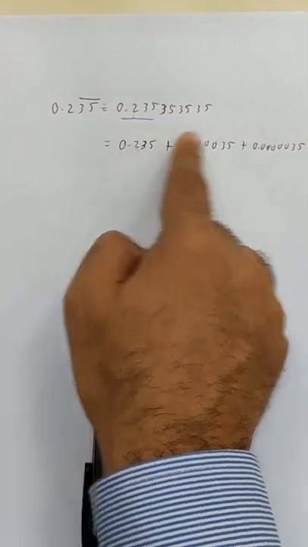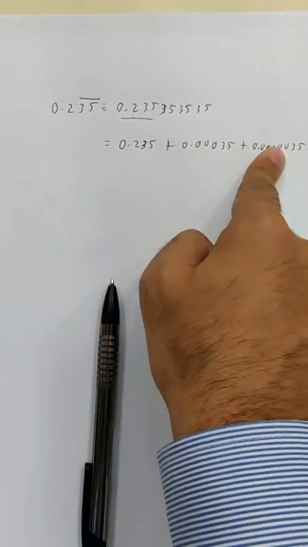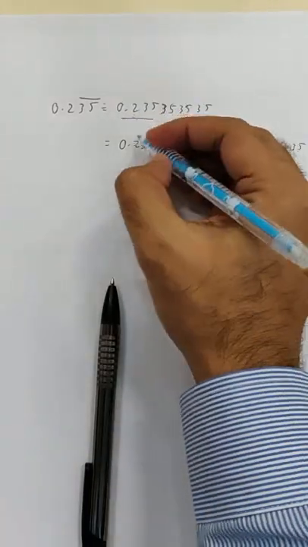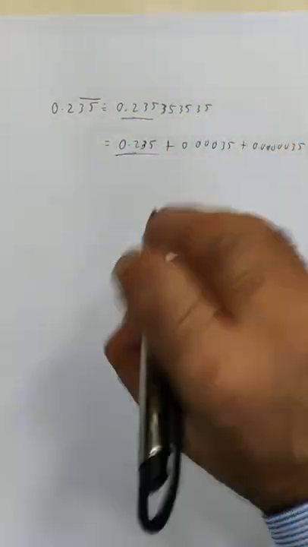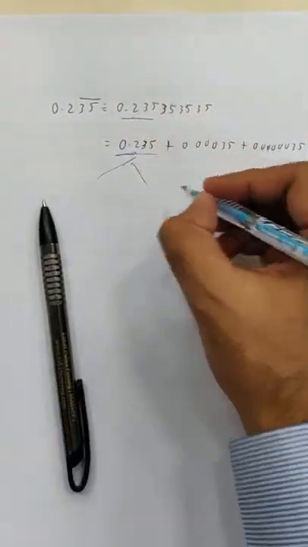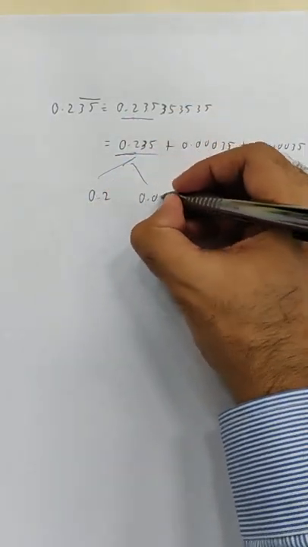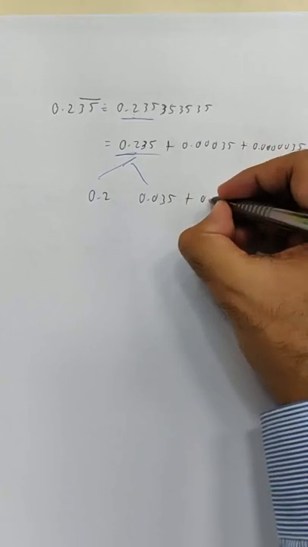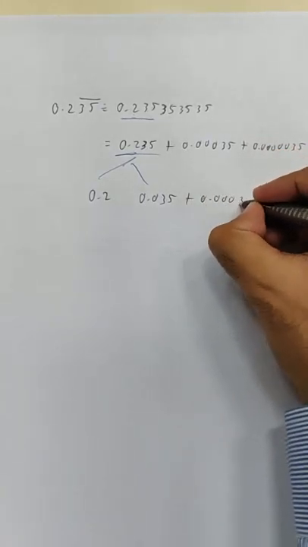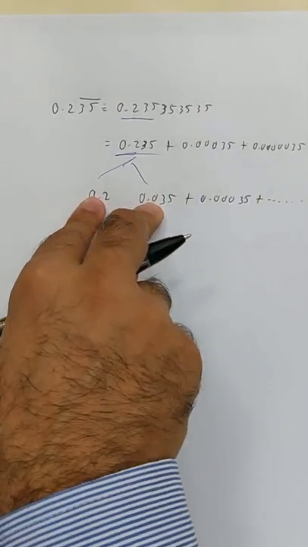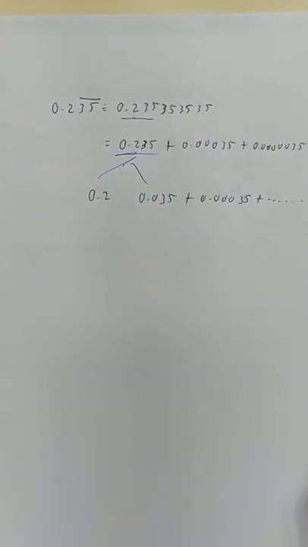There's a 2 over here, and there's no 2 over there. So we need to take this 2 out. We can split this further into 0.2, 0.035 plus 0.00035 and so on. Can you see this? Understand? If you don't understand, please raise your hand. Okay, we can continue.